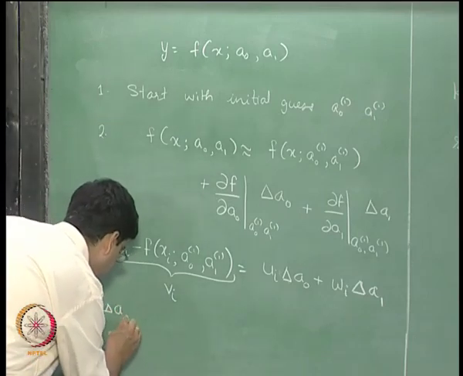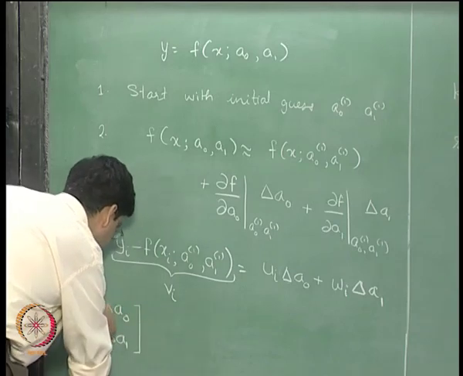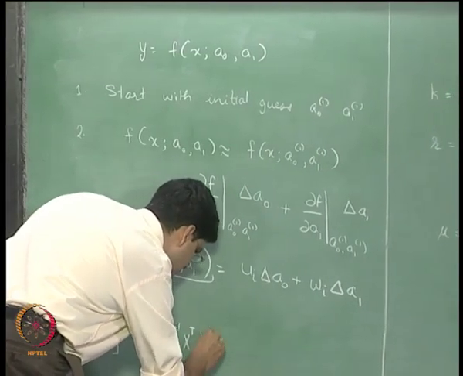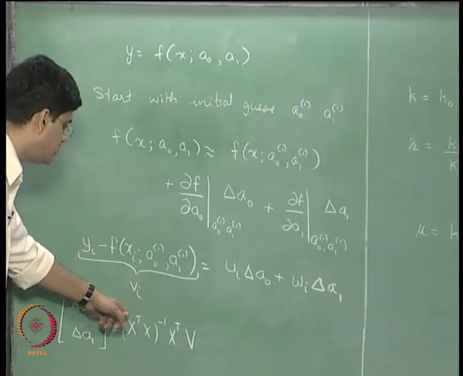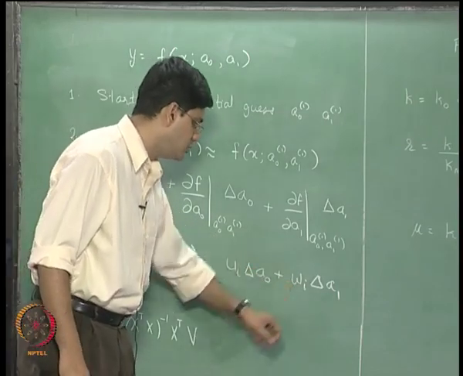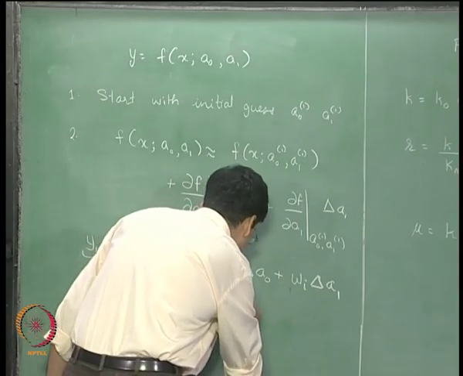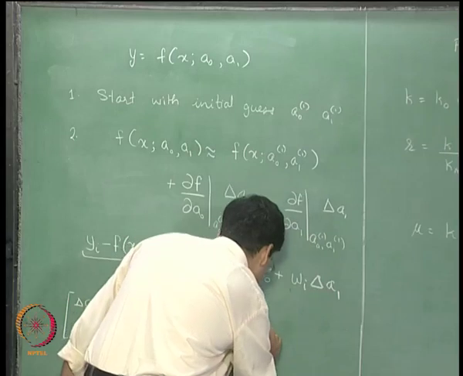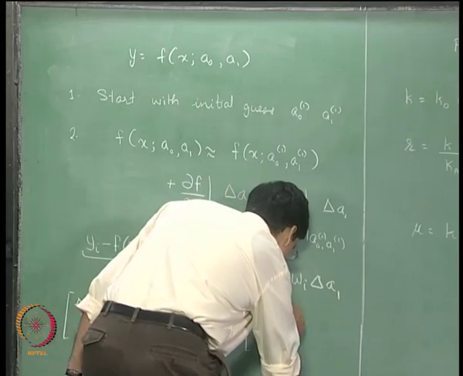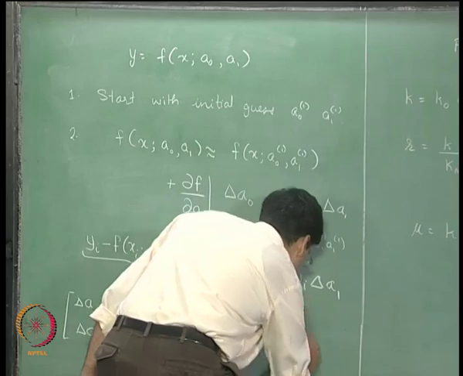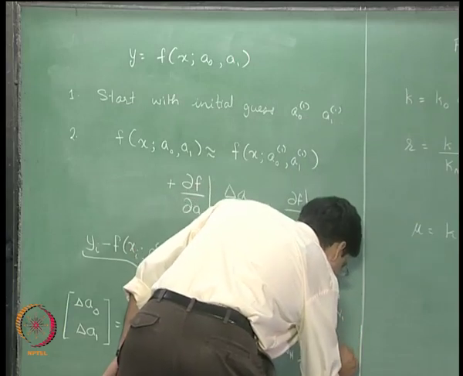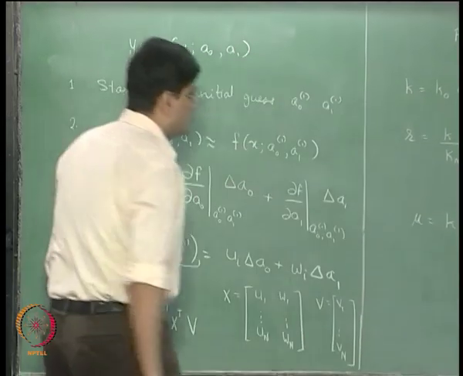From this we will essentially be able to get delta a0, delta a1 as nothing but X transpose X inverse X transpose V, where V is v1, v2 up to vN, and X has the rows u1, w1 up to uN, wN, and our capital V is nothing but v1 and so on up to vN, okay.